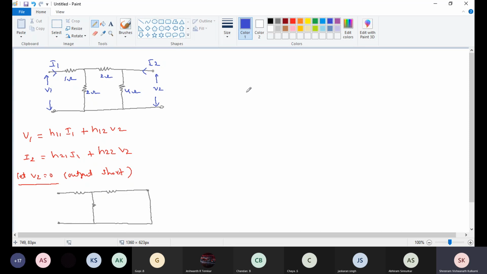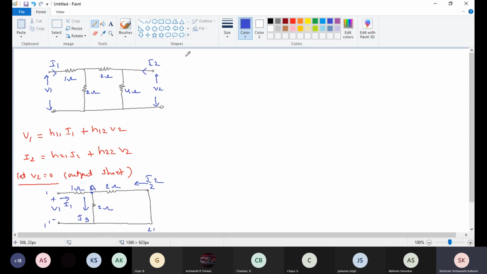Okay, now this is 2, 2 dash, 1, 1 dash, V1 plus or minus. This is 1 ohm, this is 2 ohm, this is 2 ohm. Here I2 is flowing, here I1 is flowing. Now what we need to do? First we need to apply the KCL at this node A. I am going to make this one as I3.